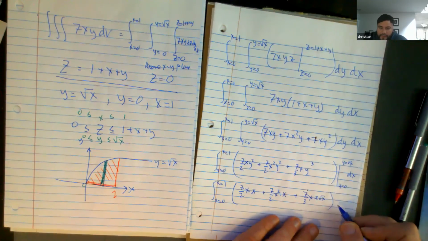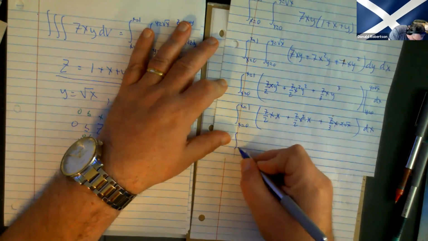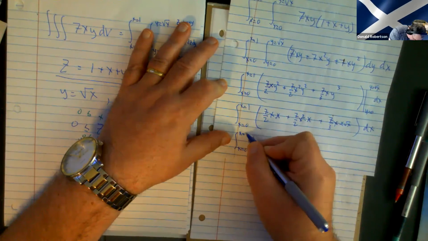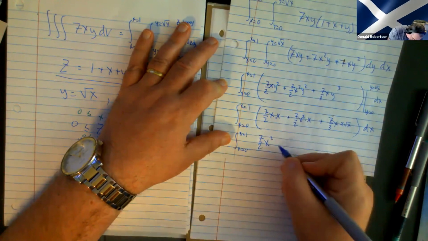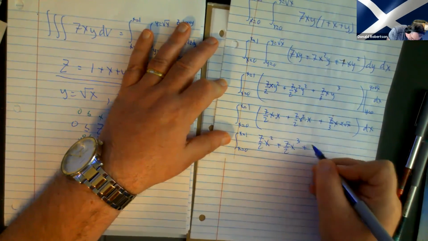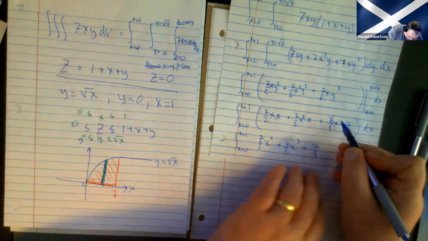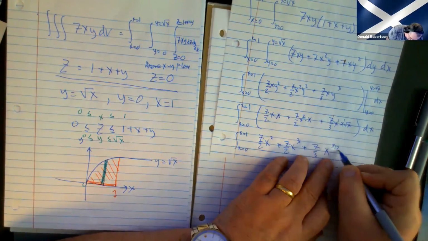That is the next part that I can't seem to figure out. Okay, so what I need to do is tidy up these various x guys by combining them to get 7x squared, 7 over 2 x cubed. And this last one's the weird one. 1, 2.5. And 2.5 is x to the 5 halves.